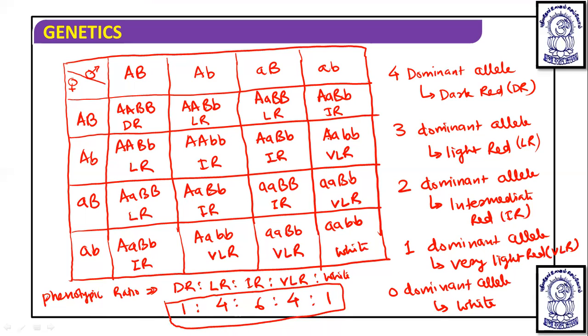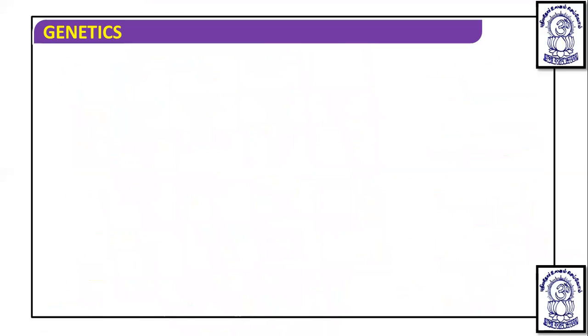And if we draw a particular curve for this, you can see that this can produce this type of phenotype curve. Here it is representing 1 by 16, then 4 by 16, 6 by 16, 4 by 16 and 1 by 16.